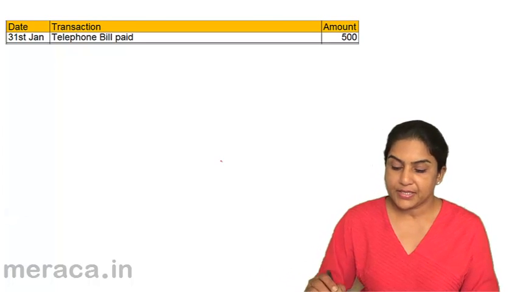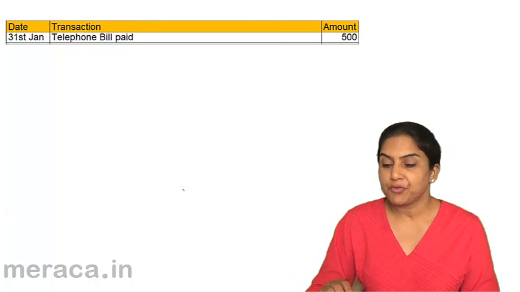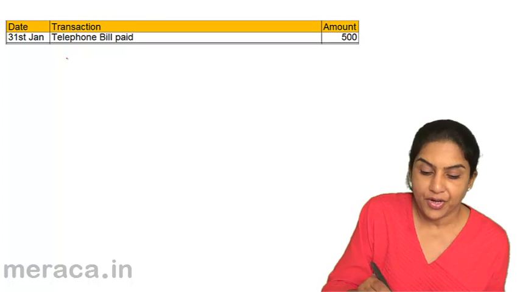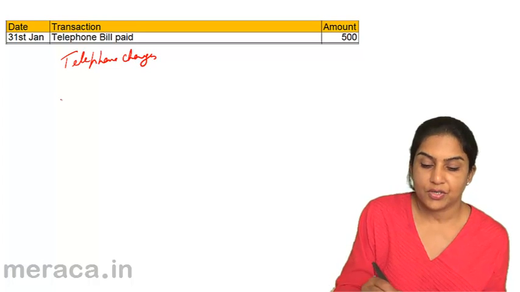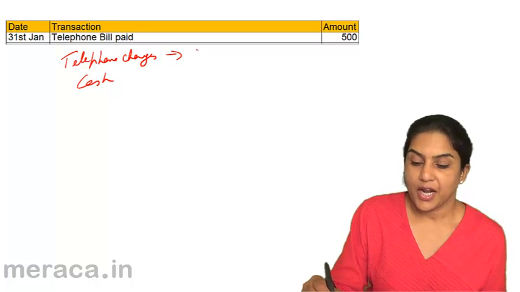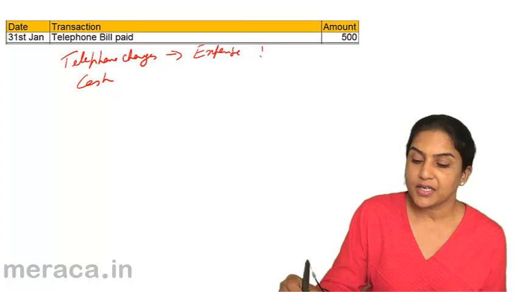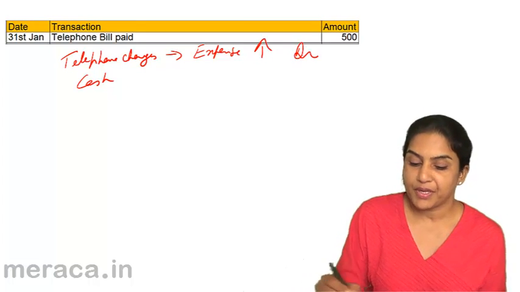Telephone bill paid. 31st Jan, telephone bill paid 500. Entry or accounts involved. Telephone charges. Cash. Telephone charges is an expense. Increase in expense, therefore debit.